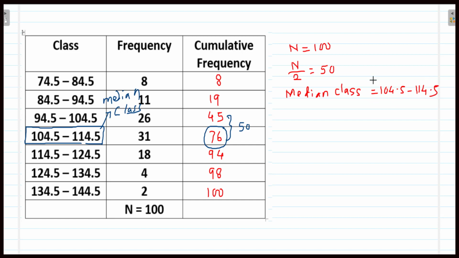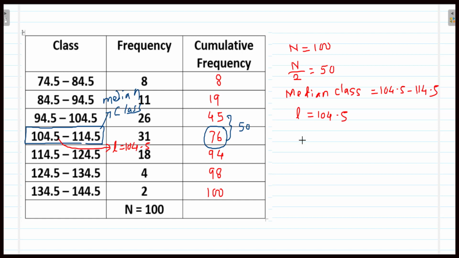Then from this median class, we take the lower limit and denote it by L. So here this is the lower limit, and L is 104.5. So friends, we get L equal to 104.5. You have to write all these things in the examination, not in the table but separately. So L we have got, n by 2 we have got.